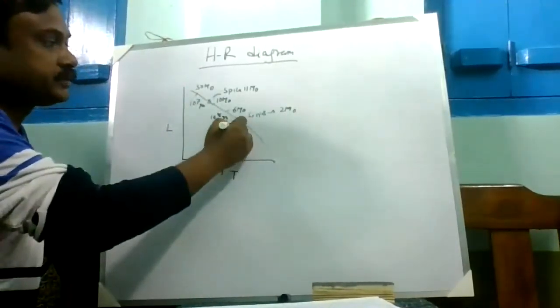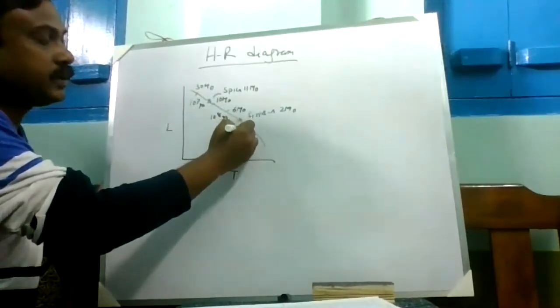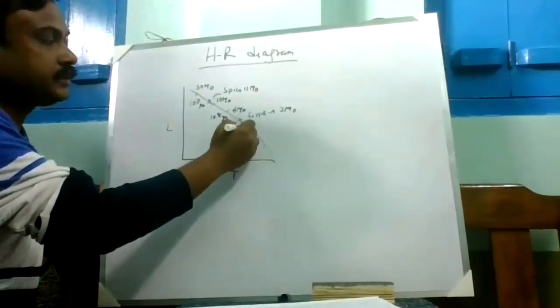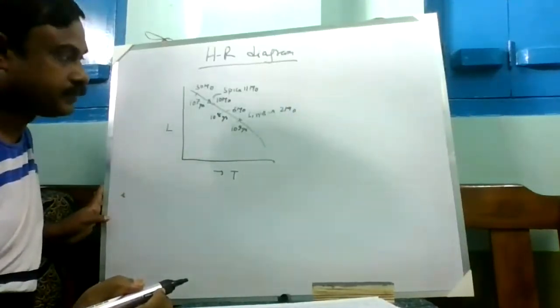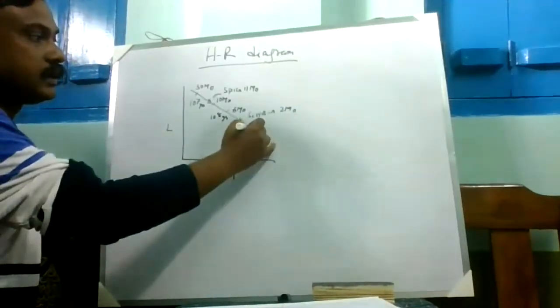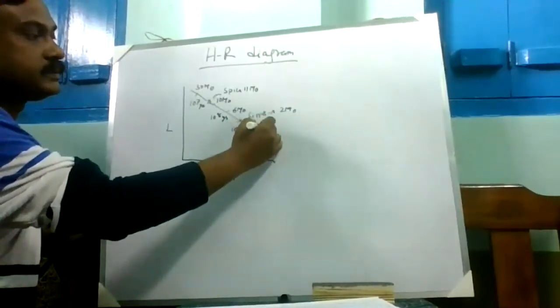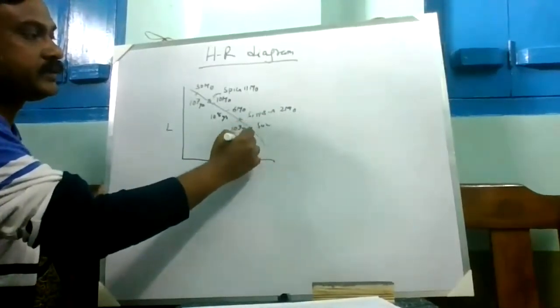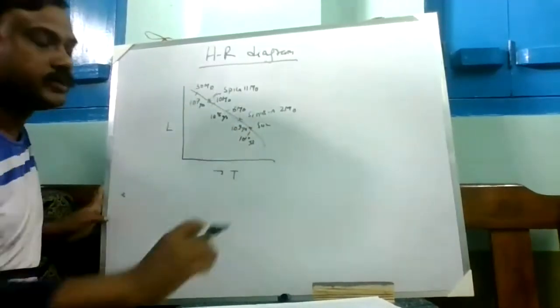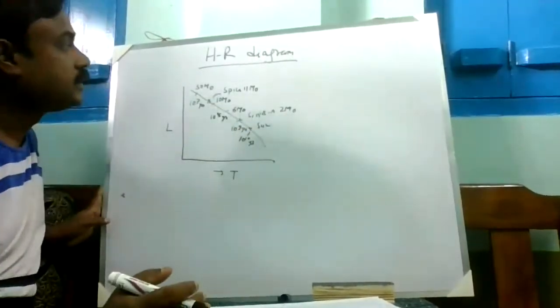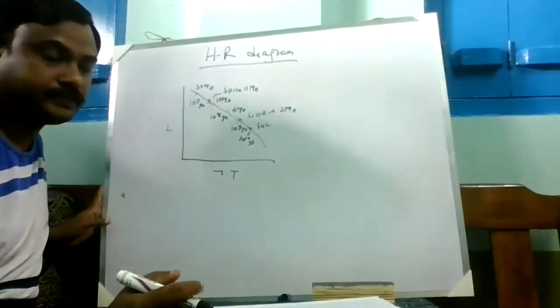And its lifetime is 10 to the power 9 years in the main sequence stage. Here our sun, its lifetime is 10 to the power 10 years. So it is 1000 times more than the 30 mass star.